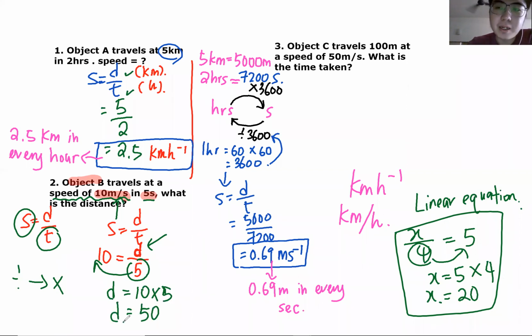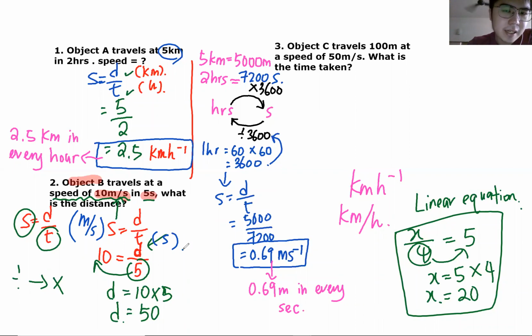50 is the final answer. But is it in km or is it in meter? This is where many people get confused. Now, look back at the unit. What is the unit for speed that you put in the formula? It is in meter per second, correct? What is the unit for time? It is in second.